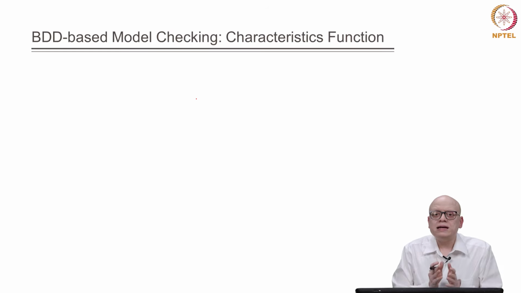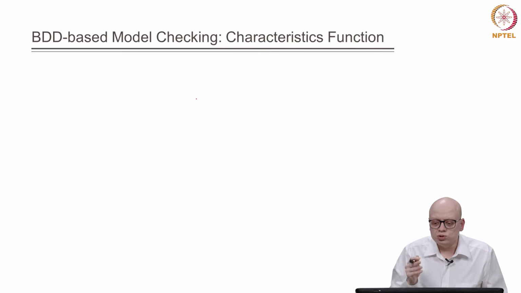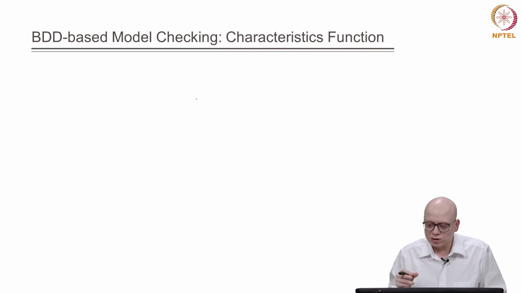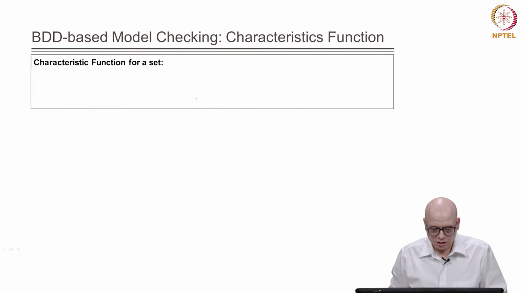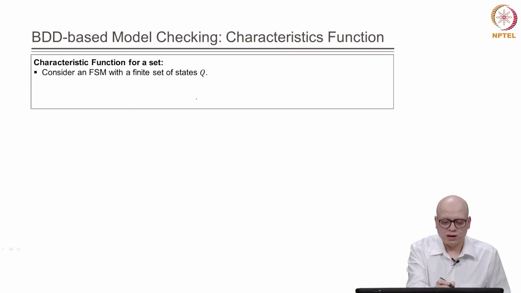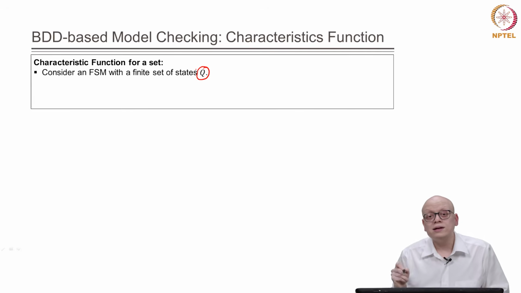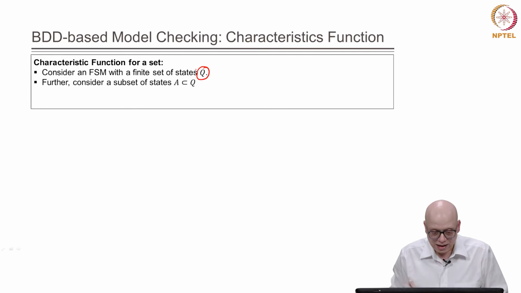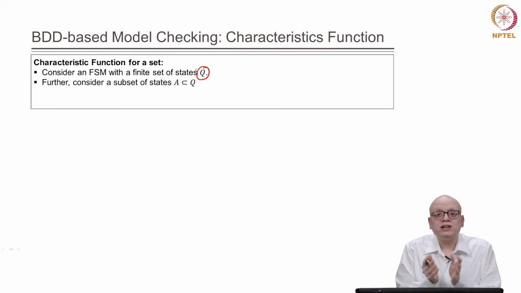Now, BDD based model checking uses a characteristic function to represent states. So, let us understand what a characteristic function is. Consider an FSM. It has a finite set of states, and let us represent the set of states as Q. Consider a subset of states.